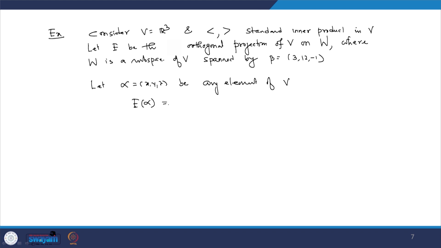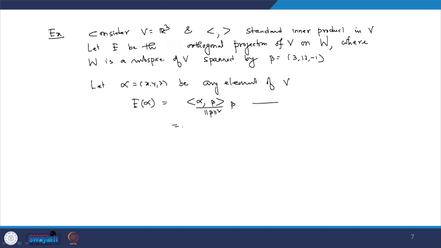Since the orthogonal projection of alpha means the best approximation of alpha in W, E alpha will be the inner product of alpha and beta divided by the norm of beta squared, times beta. We have already seen this in the last 2-3 classes, when we covered the best approximation of a vector in an inner product space. Accordingly, I can write E alpha like this.